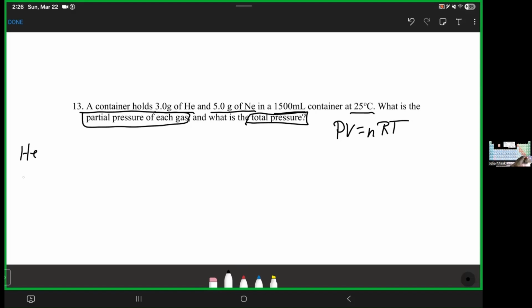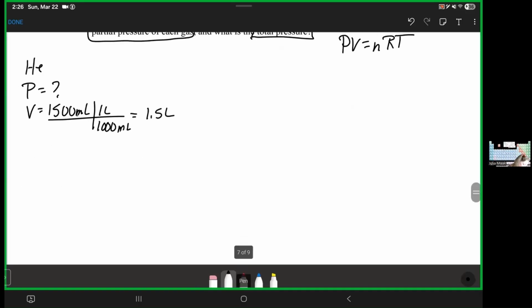Okay, so for helium, my pressure is what I'm looking for. My volume is my 1500 mL, but that needs to be in liters. So we're going to do that right here, right now, so we don't forget. Those zeros are not significant at the end, so that only has 2 sig figs, so 2 in my answer there.